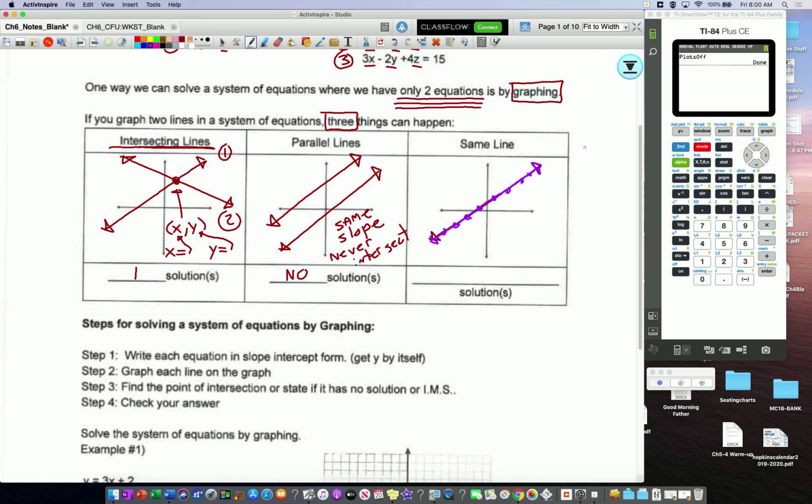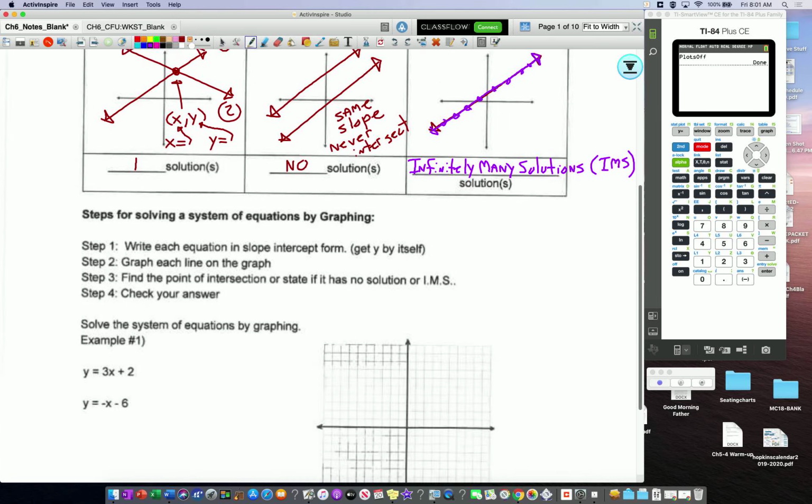And since a line keeps on going positive and keeps on going negative, you actually have an infinite amount of solutions. So what we say is infinitely many solutions. Now, you'll see me later on abbreviate, and you can do the same. IMS, infinitely many solutions. So we're going to go through an example of each of these on how these actually happen.